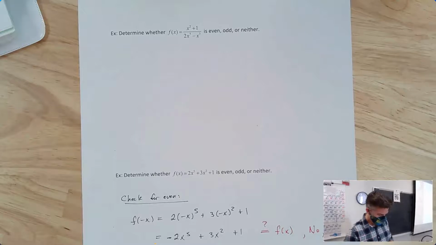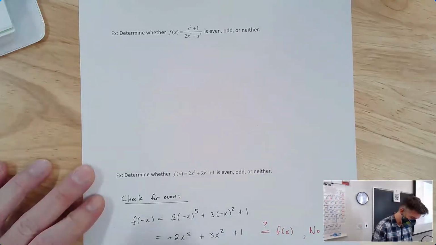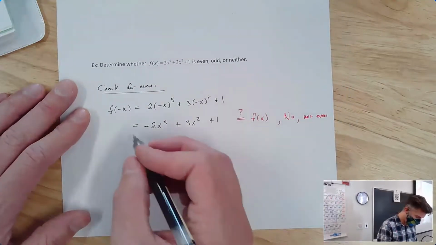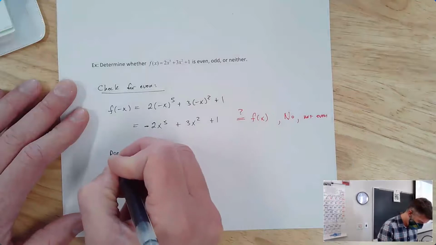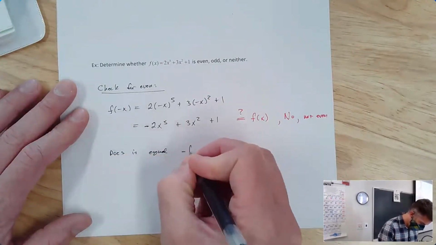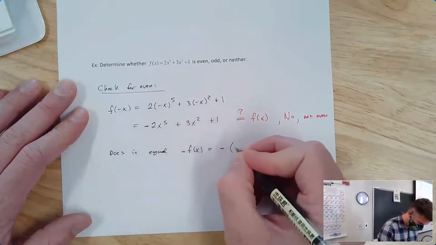Okay. So then we have to ask ourselves, does it equal negative f of x? Well, negative f of x is just a negative out in front of the whole thing.